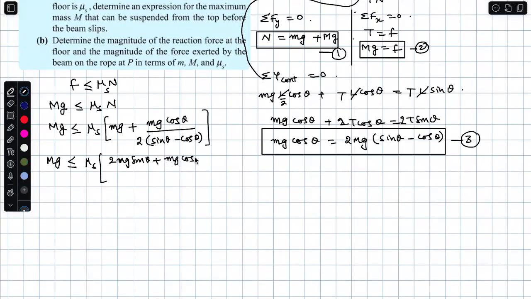mg cos theta by 2 (sin theta minus cos theta).